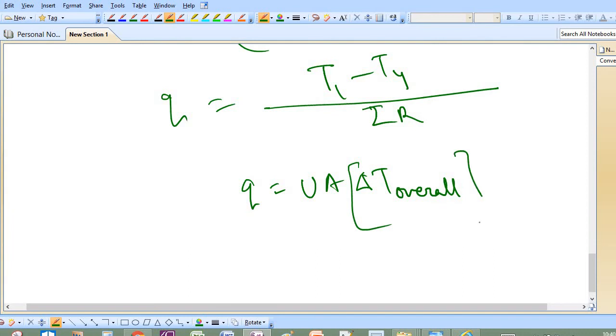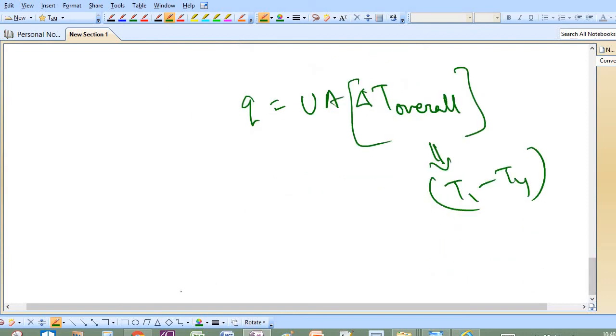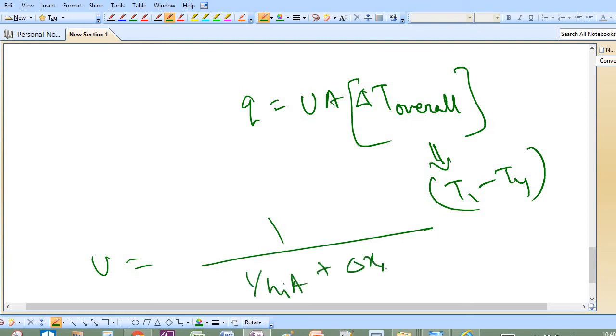This is our overall heat transfer coefficient U, which is 1 by HIA plus delta XA by KA plus 1 by HO, and it has units of watt per meter square Kelvin.